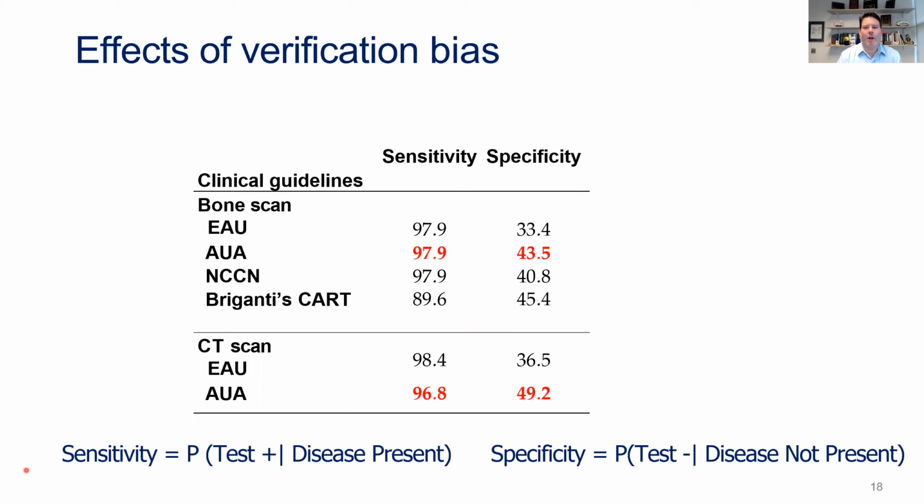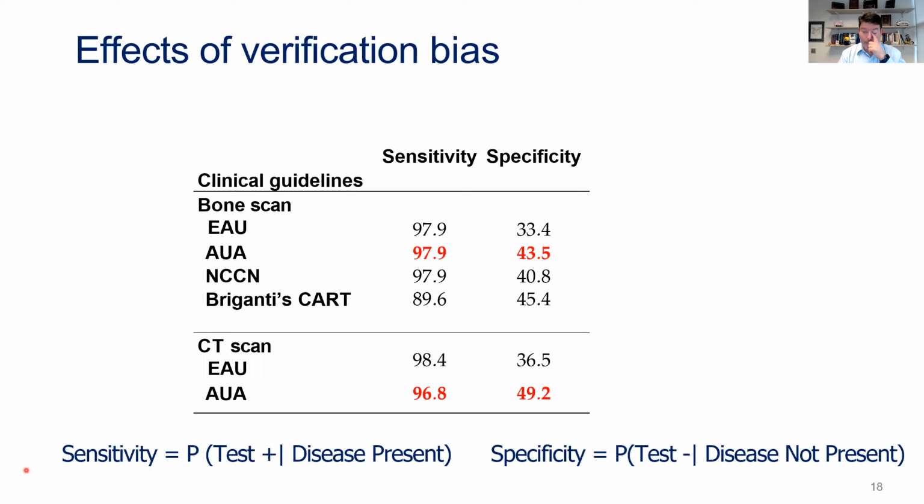If they fall into the category of being recommended for imaging, then you can think of that as the test being positive. If they don't, then the test is negative. And again, we'd like to send people for tests that have the disease, and so we want sensitivity to be high, and we want to avoid those imaging tests for patients who don't have the disease.